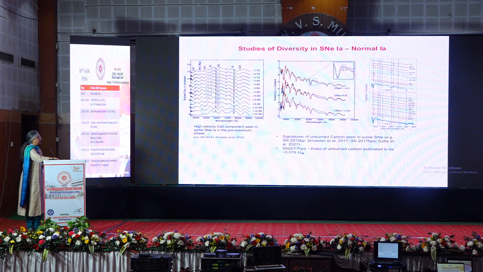So, a few examples in the studies of the diversity. In the normal type 1a, we have seen objects which have shown high velocity calcium components. We have seen objects with signatures of unburned carbon in quite a few of them. And in fact, using radiative transfer models, we have also been able to estimate the mass of the unburned carbon in one specific case.